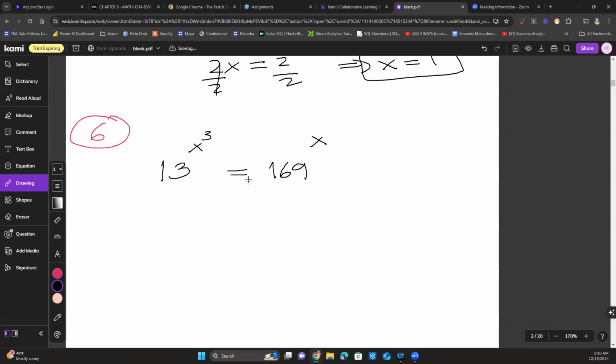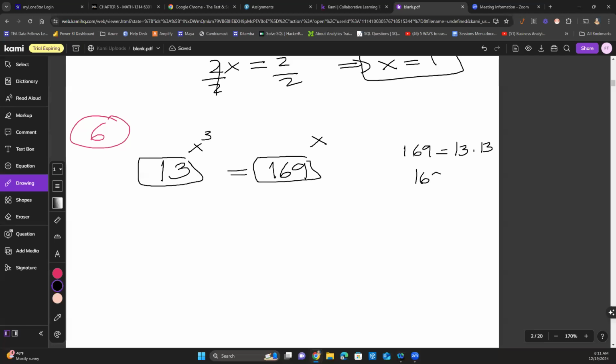So when I look at this equation now, the base is 13 here, and the base is 169. As always, I am going to try to make them the same number so that I can set their powers equal to each other. 13 is a prime number, so it's going to stay as it is. But when I think about 169, it's 13 times 13.